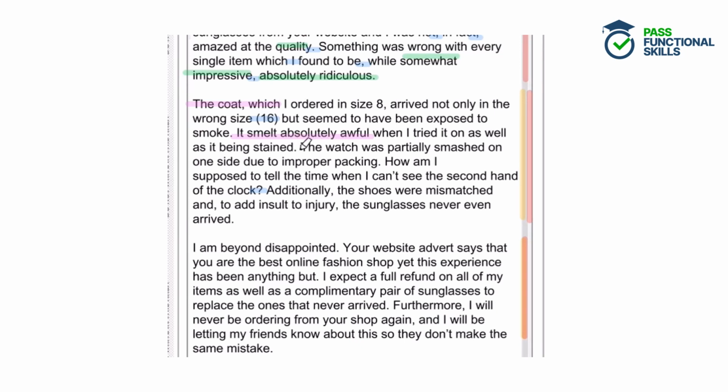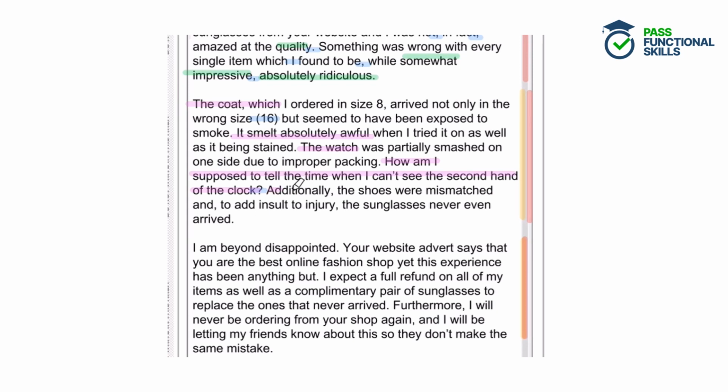And then they've moved on to the watch, but they're still talking about pieces of clothing and what is wrong with them. So that definitely fits in the same paragraph and runs on from the previous sentences there. So the watch was smashed due to improper packing. And then they followed on from this sentence by asking a question based on the watch. They can't read the time using it.